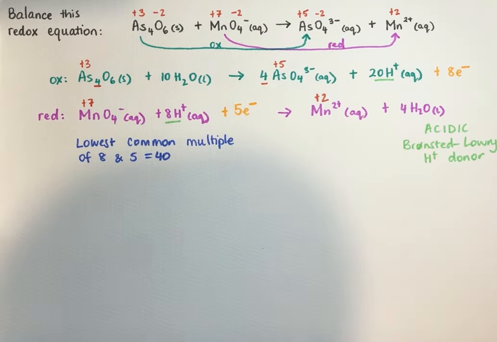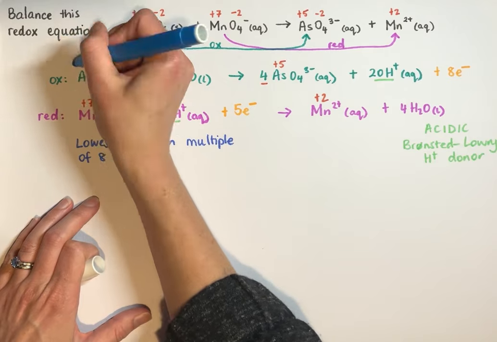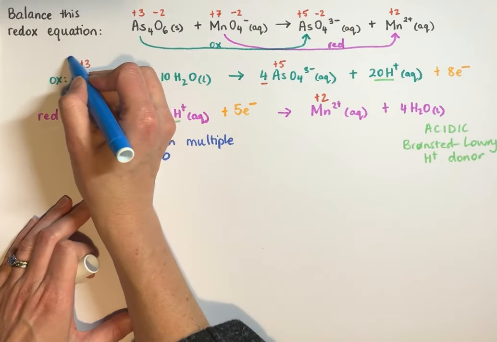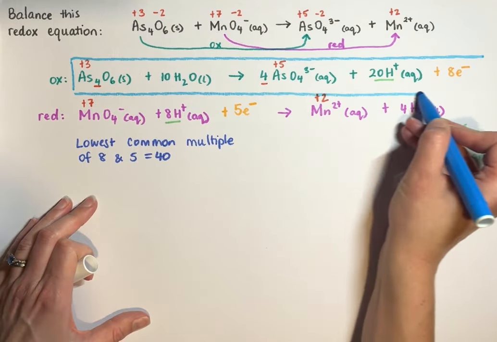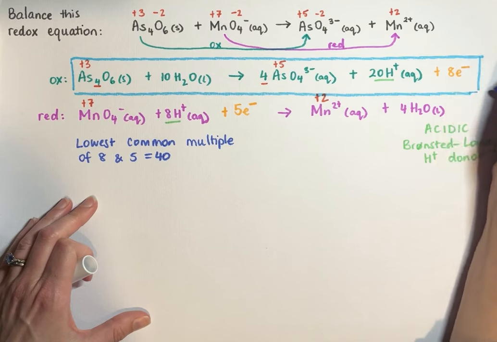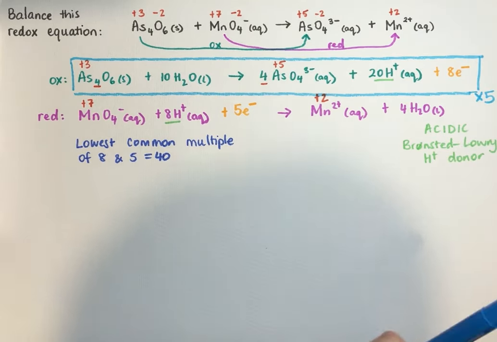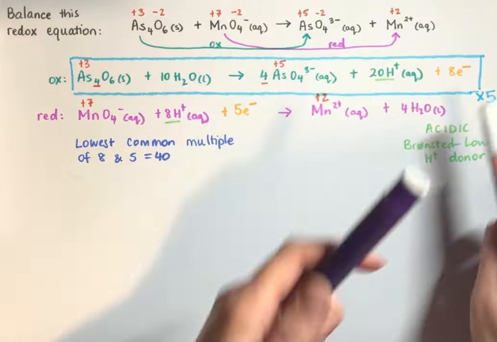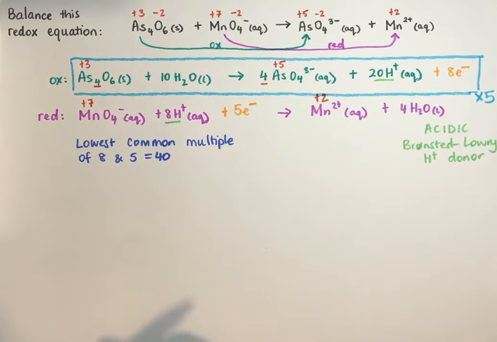So let's do it. I might just put a box around that one so we can keep track. This one we're doing times 5. And then I'm running short of colors now. I'm going to end up with some ugly browns in a minute.